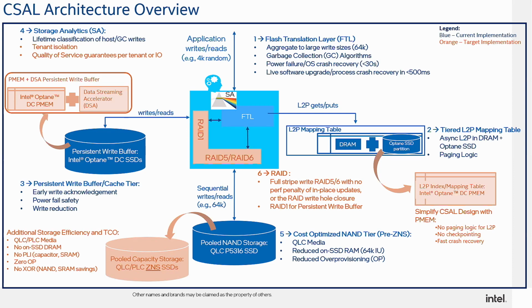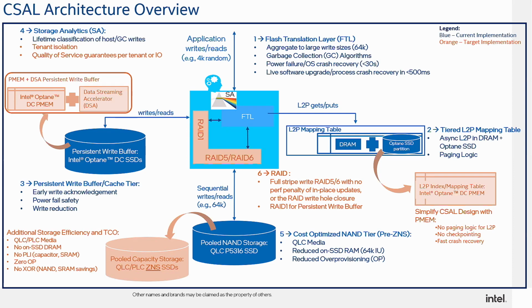So in summary, CSAL architecture preserves block interface, so applications don't need to change. It uses Optane as cache to deliver high performance for workloads like big data, Hadoop Spark type workloads. And for write shaping, we also use Optane to make sure we make the writes to NAND very NAND friendly: large, aligned, sequential writes.